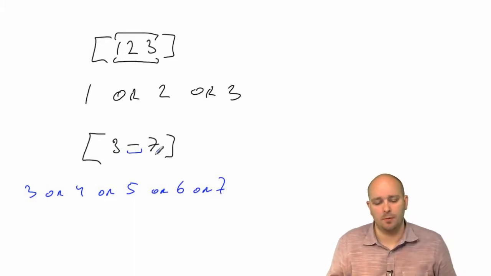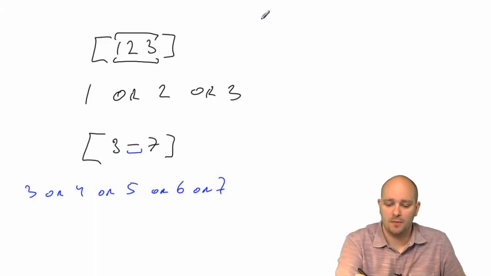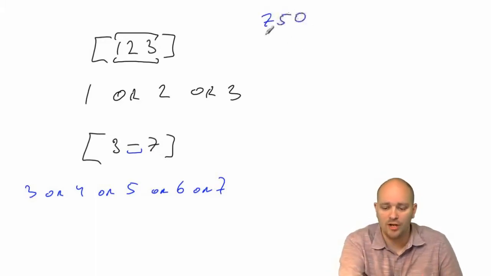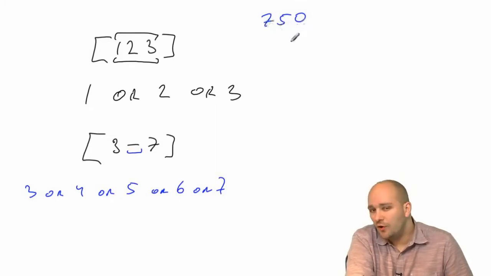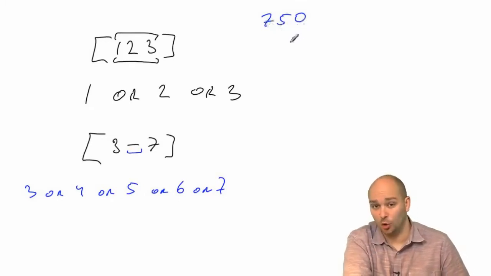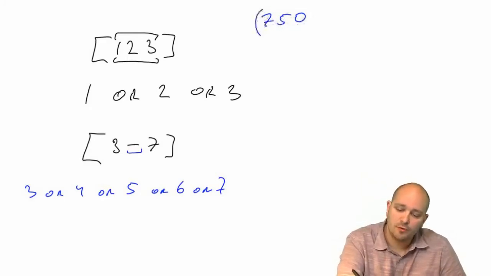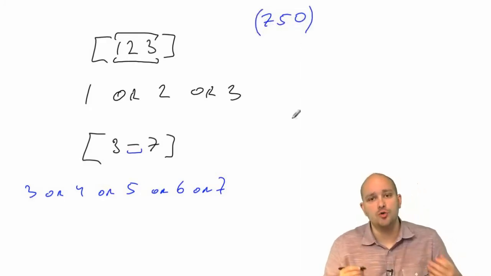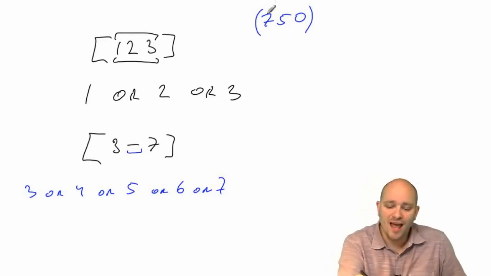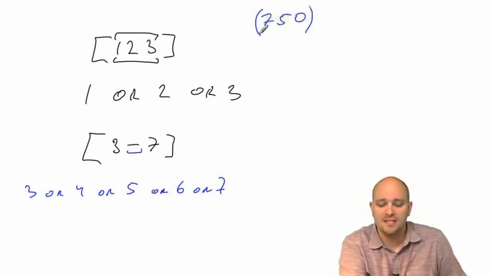But what if we wanted to match 750? Well, we already know that just typing it like this is enough, but typing it like this is not very useful if we wanted to use something called the modifiers, which I'm going to mention a little bit later. So we can actually provide this as a group of characters. So now this 7 immediately followed by 5 immediately followed by 0 is treated as a group of characters.